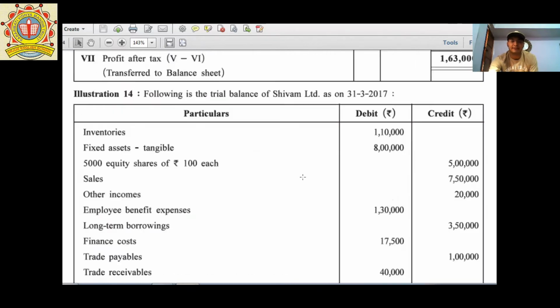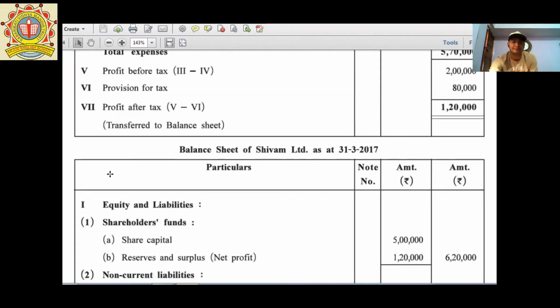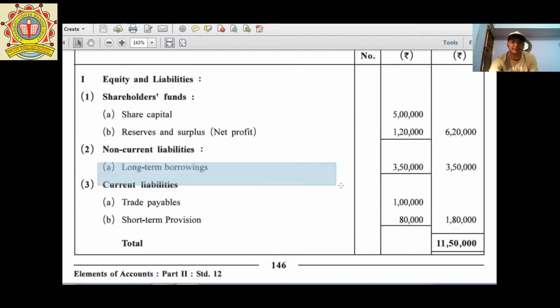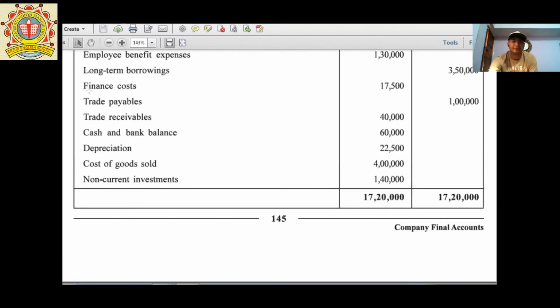Okay. Then long-term borrowings. Long-term borrowing is part of non-current liability. So under the heading of equity and liability, there is non-current liability, where we have to present the long-term borrowings for 3,50,000 rupees, like this. Then finance cost, it is a part of the P&L account.